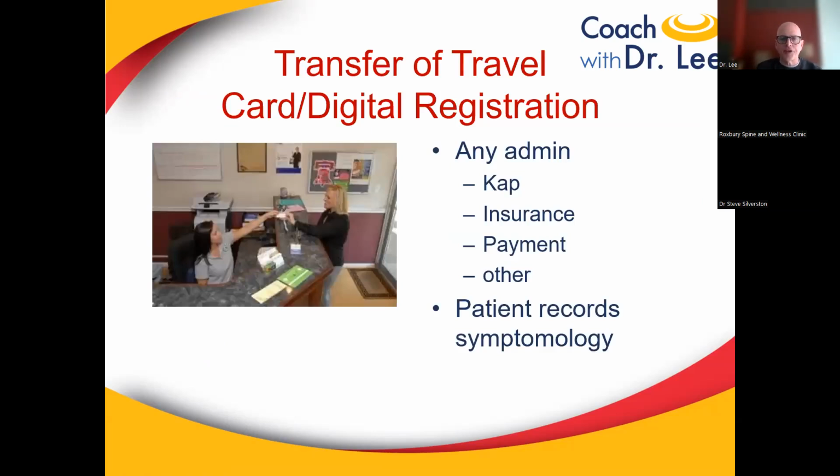Next is the transferring of, again, I'm a fan of the paper travel card, but it can also be the digital registration. And so this allows us to do any administration that we need to do to handle any kept appointment situations. And so if the patient's 3 times a week for 8 weeks and they missed their last visit, right?